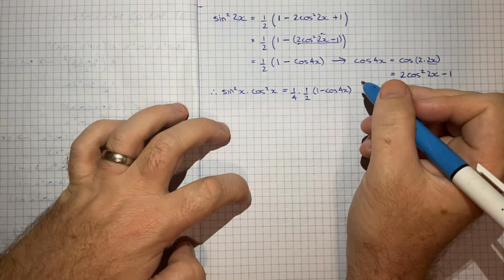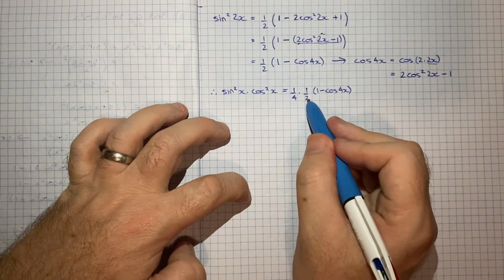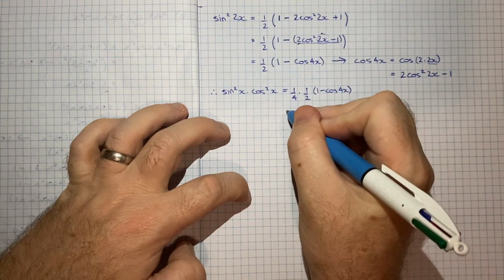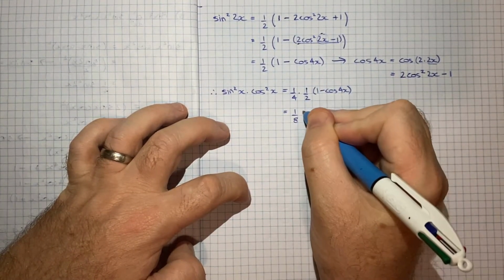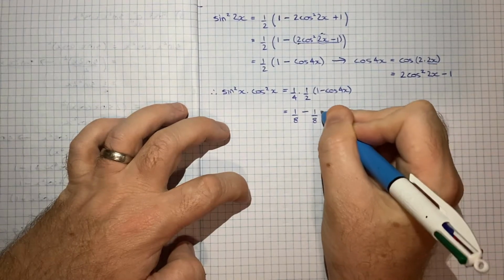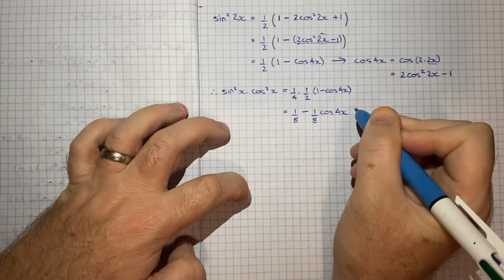So I can now bring this quarter times a half together as 1/8, and expand the brackets to be 1 on 8 minus 1 on 8 cos 4x.